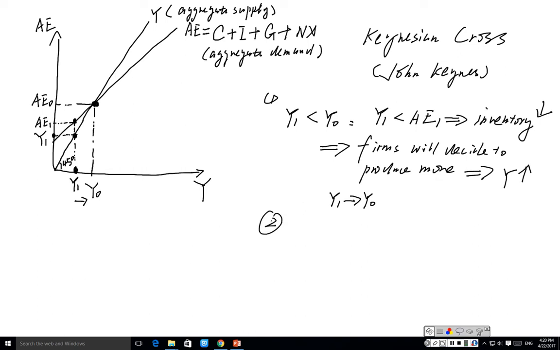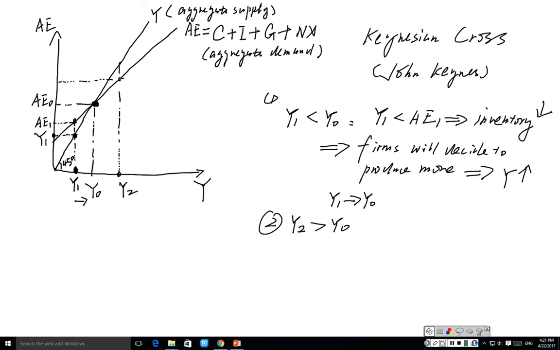Similarly, you can show what happens if total GDP is greater than equilibrium output, suppose Y2 here. Using the same idea, you draw the vertical line. This vertical line will intersect with the aggregate expenditure curve first.